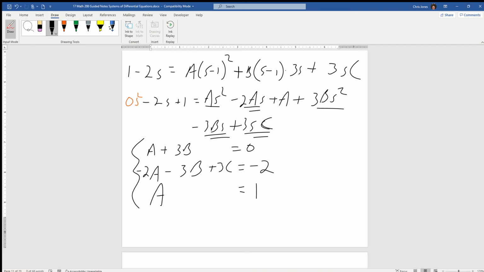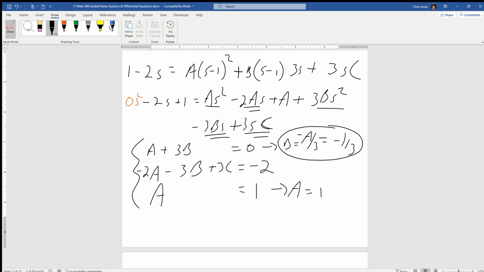And since A is equal to 1, we can see that B is negative 1/3, since B equals negative A over 3, which is going to be negative 1/3. So that's helpful.